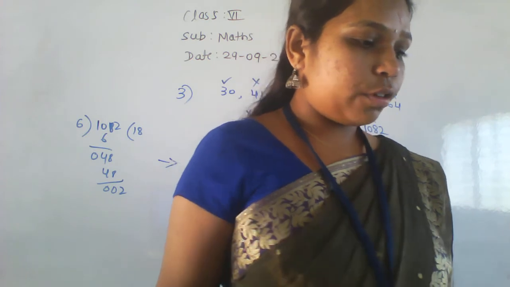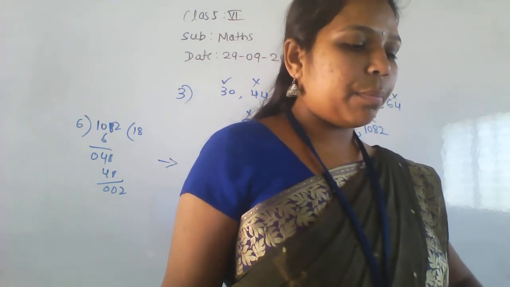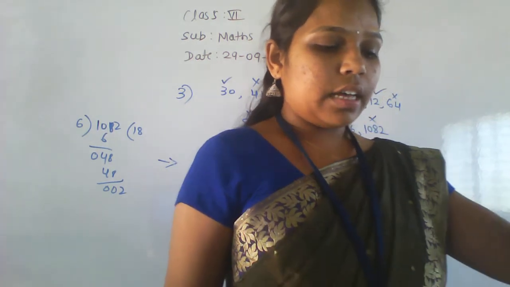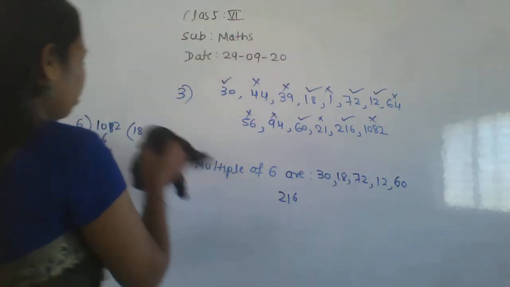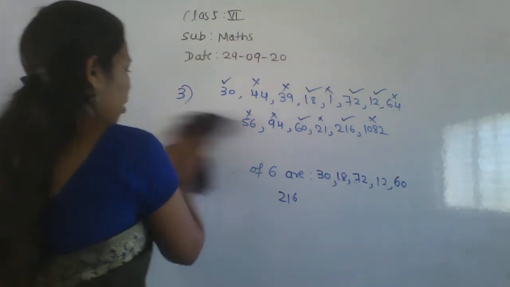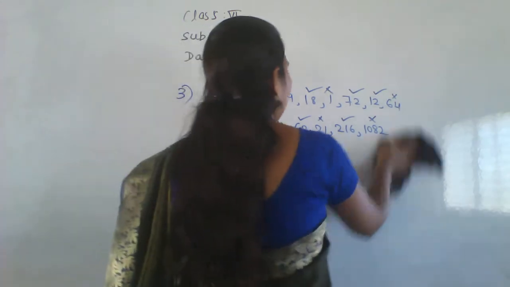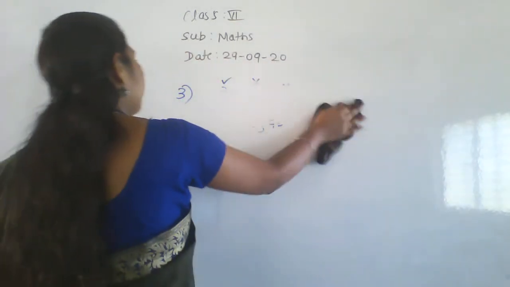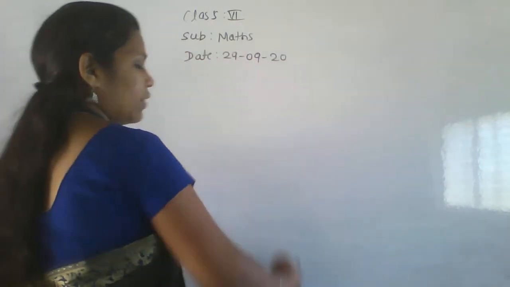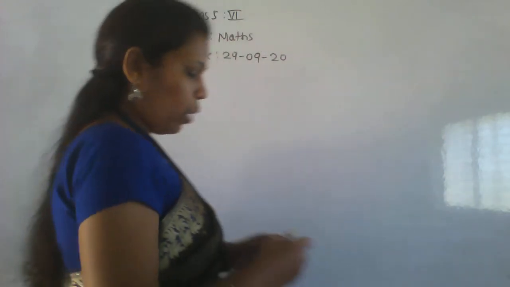That is the fourth main. Which of the following numbers are prime numbers? I hope everyone knows the prime numbers. Prime numbers means the number which is divisible by itself and 1.